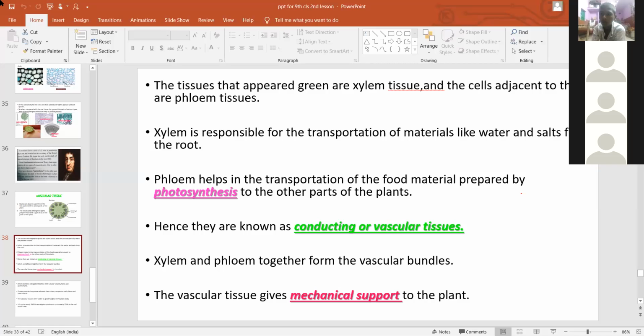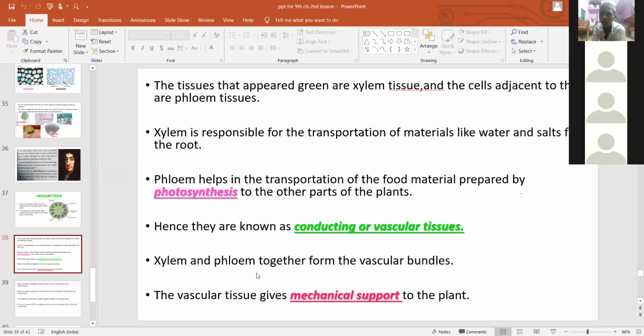The phloem is responsible for the transportation of food material prepared by photosynthesis to supply all parts of the plant body.